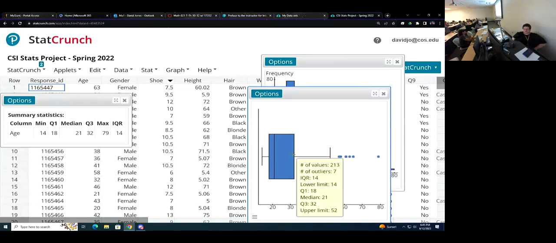If you put your cursor over it, it will give you the information. Lower limit is the lower fence or minimum. Q1, median, Q3 are listed. It says upper limit is 52. Remember we calculated the upper fence at 53? 52 is just one number lower than it, so it's like the next number lower than it.